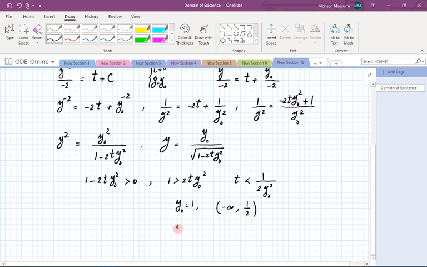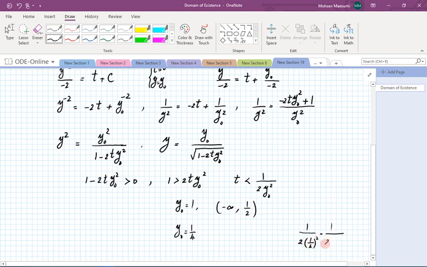Well, let's try another one. If y0, say, is equal to 1/4. That's what I had there in that entry. 1/4. What would it be? Well, 1/4 squared. You square first, of course, and then multiply by 2. So you have to be careful here. So 1 over 2 times 1/4 squared.